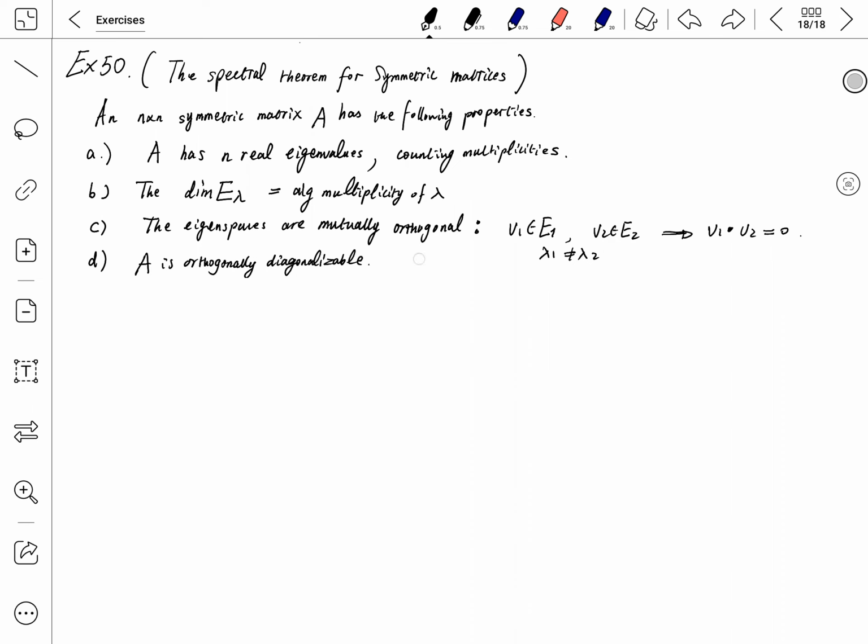So this is already proved in exercise 49. So let's see the proof.